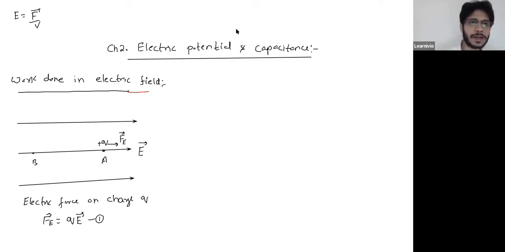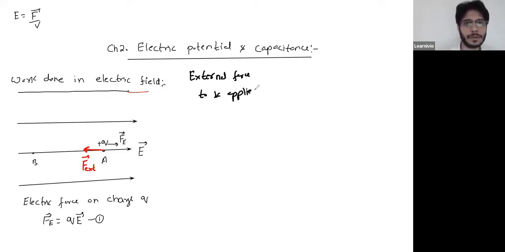To move this charged particle from A to B, you're supposed to apply an external force. Let's apply some external force. See, this electric field will push this charged particle in the direction of the field.